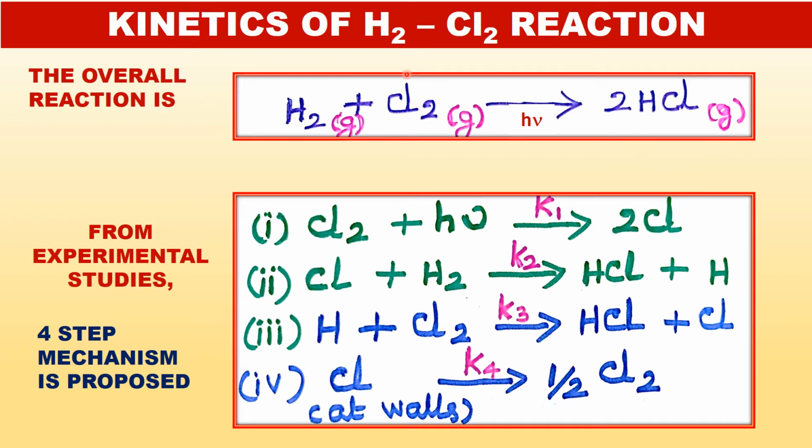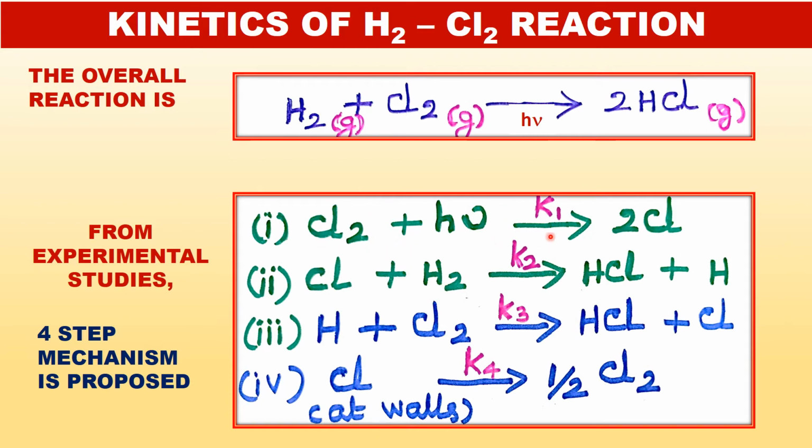The overall reaction is hydrogen gas reacts with chlorine gas in the presence of light to give hydrogen chloride. From experimental studies, a four-step mechanism is suggested.